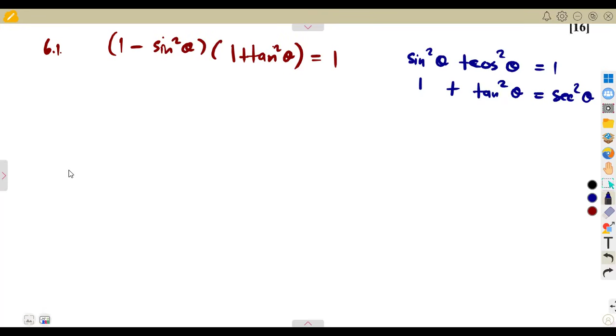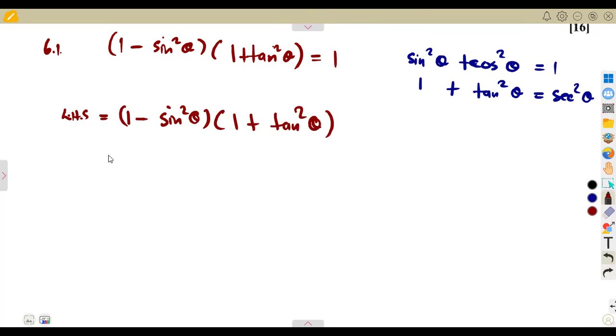If we are referring in terms of theta, or in terms of x, it is fine. So let us take the left-hand side, because that is the most complicated part that we have. From the left-hand side, we are given a bracket of 1 minus sine squared theta into the bracket of 1 plus tan squared theta. This is our left-hand side of the equation.